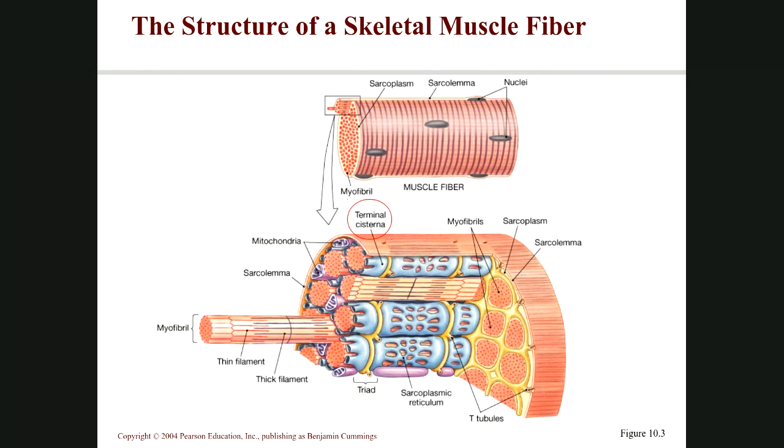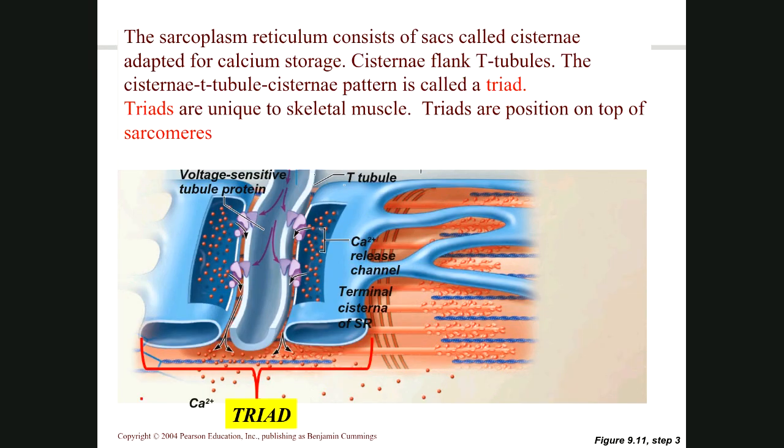Take a look at this picture again. This is the myofibril, and if you look, here's one sarcomere. Okay, here's one sarcomere, and then there's another sarcomere, and then another. So sarcomeres are the contractile units that make up the myofibrils.